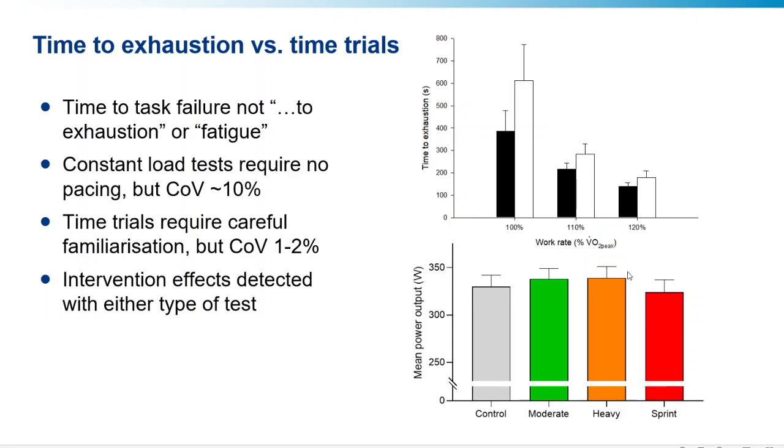But because of the difference in coefficient of variation between the two tests, the coefficient of variation for time trials is almost 10 times less than time to task failure trials, the information both of these things give you is the same. In other words, the tests have the same degree of sensitivity. And that was shown by Amann and colleagues in 2008, and I'll put a link to that paper in the description.